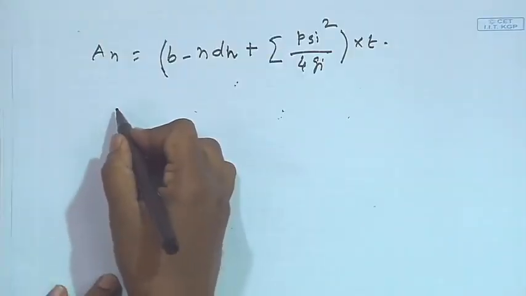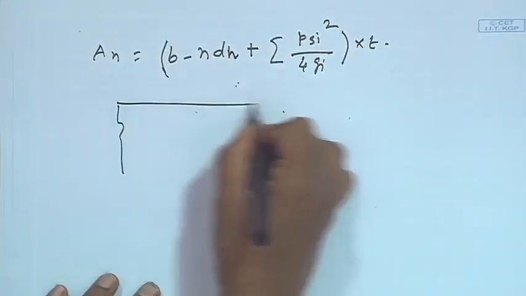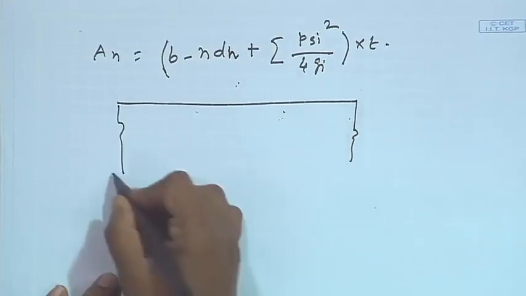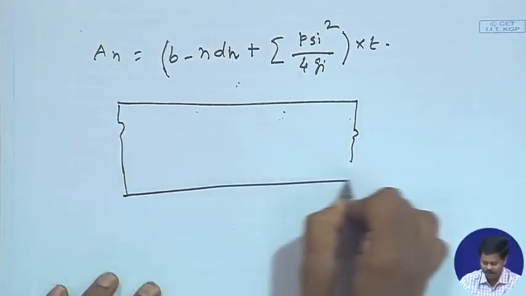Now, if the gauge distance and staggered pitch distance are different, then how to calculate? There is another case I will consider where pitch distance and gauge distance are different. For example, this case where two plates are connected with a lap joint.